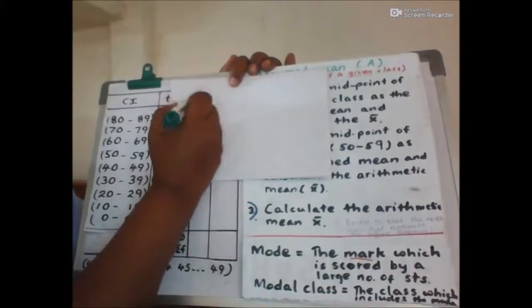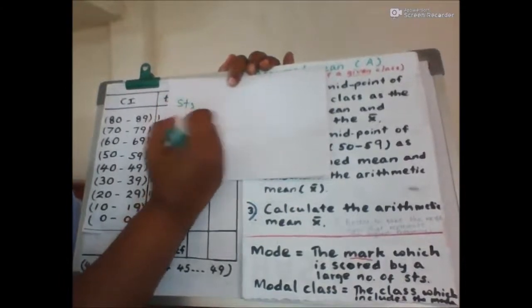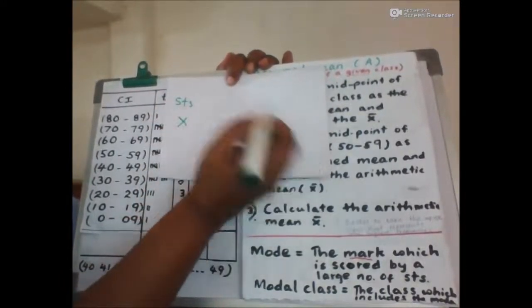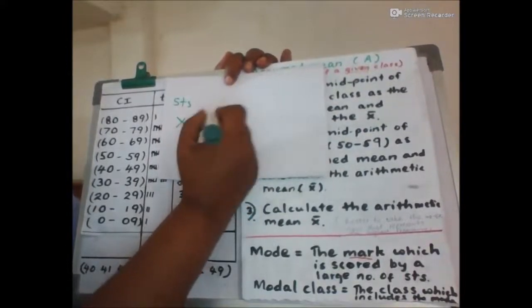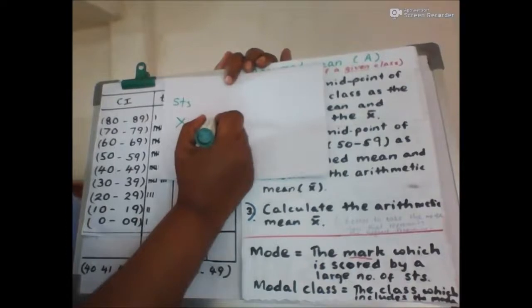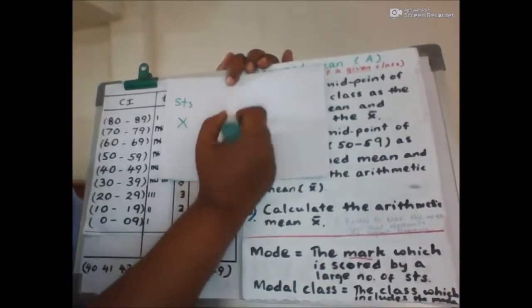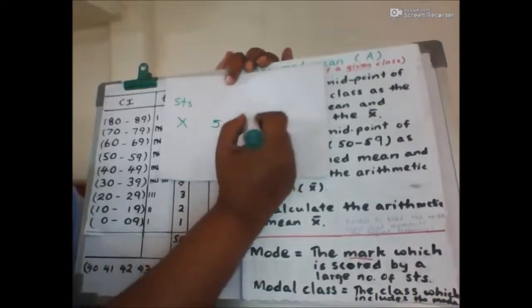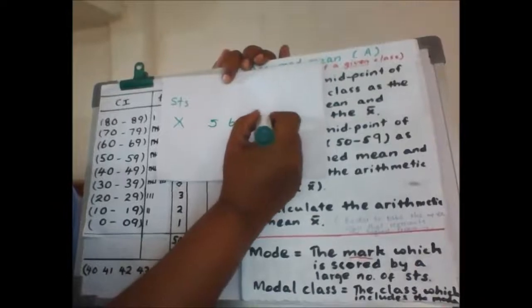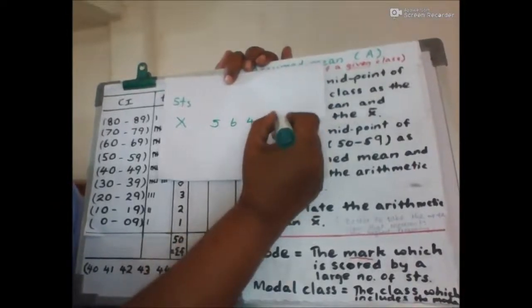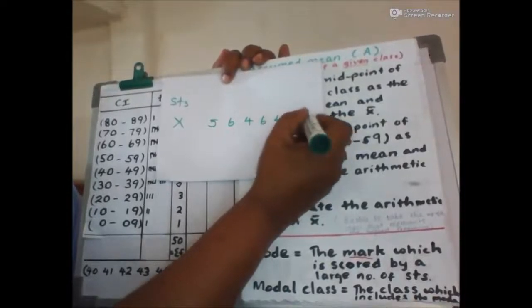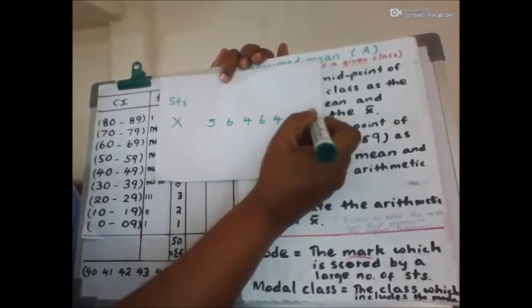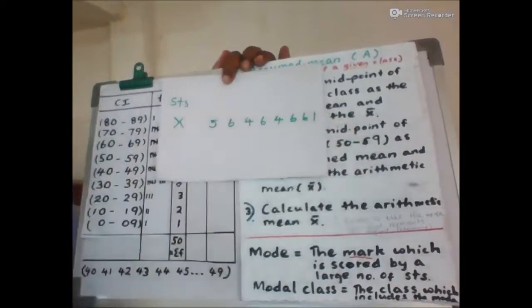These are students and their marks. One student has scored 5, another one 6, 4, another child 6, another one 4, another one 6, again 6, then 1, like that.